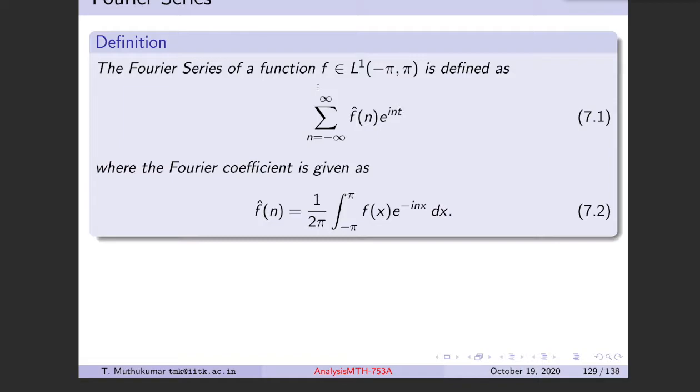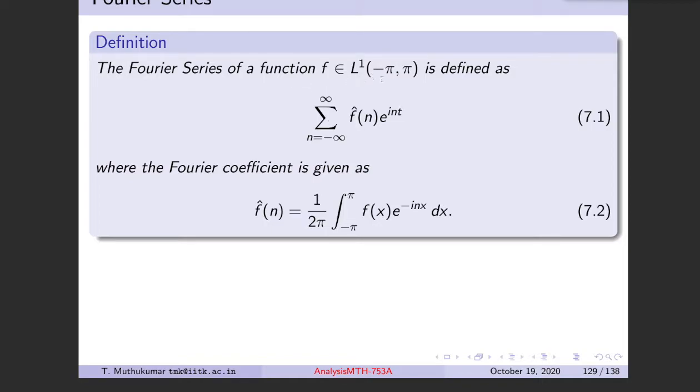We have already shown a kind of Fourier series for 2π periodic functions when we did the Laurent series and so on, right? As an application of Laurent series, we had seen that 2π periodic functions, complex valued, admit Fourier series. This is much more general.